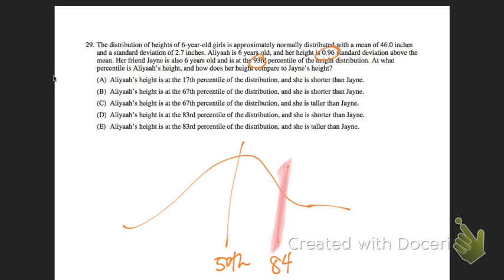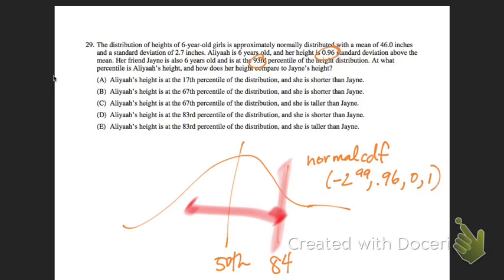What is a way you could do it using your calculator if you forgot the empirical rule? Normal CDF. If you did normal CDF, you could do negative infinity to 0.96, with 0 and 1.